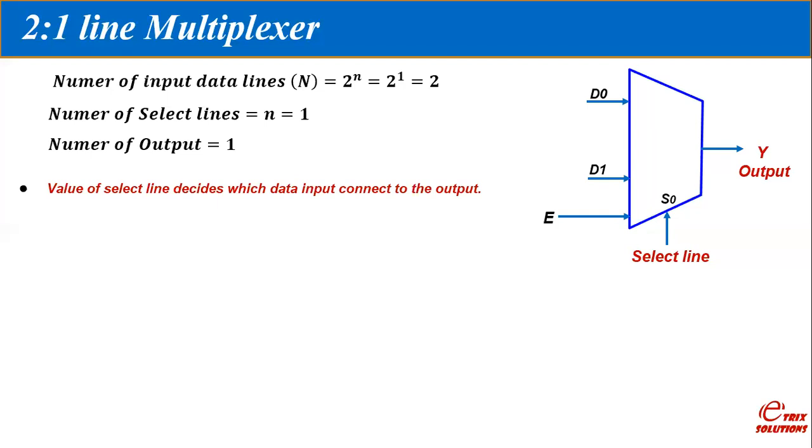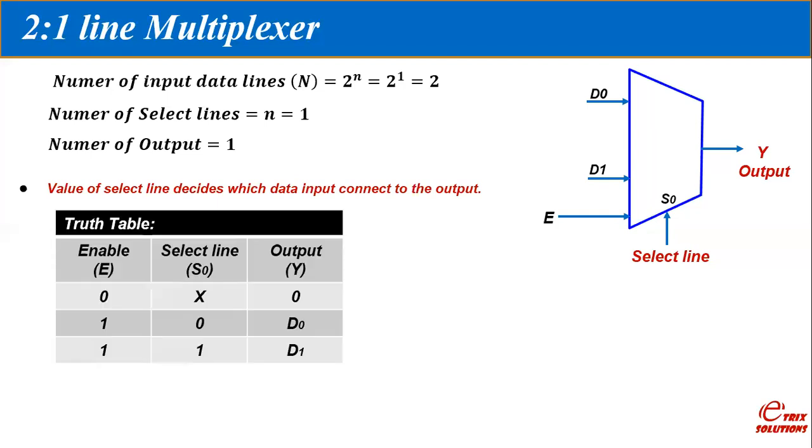The behavior of this 2 to 1 line multiplexer can be written with the help of a truth table. In this truth table, we can see that if the enable signal is 0, then whatever the value of the selection line, the output is always 0. That means the multiplexer is turned off. And when the enable is 1, then the multiplexer will be on and it will work according to the select line.